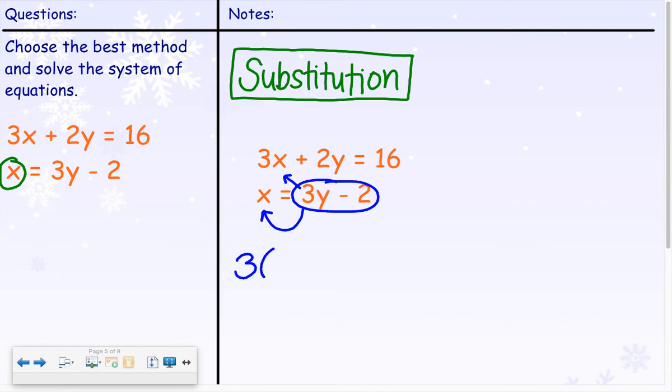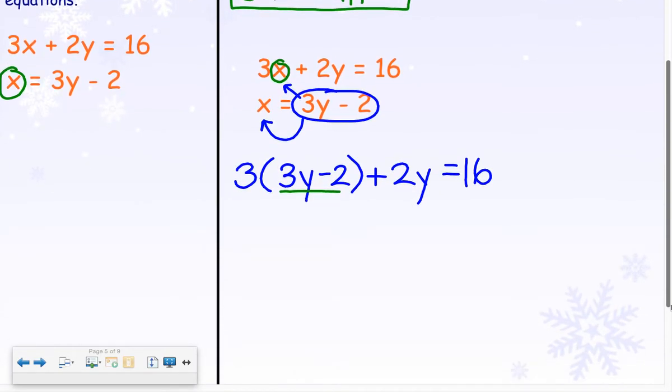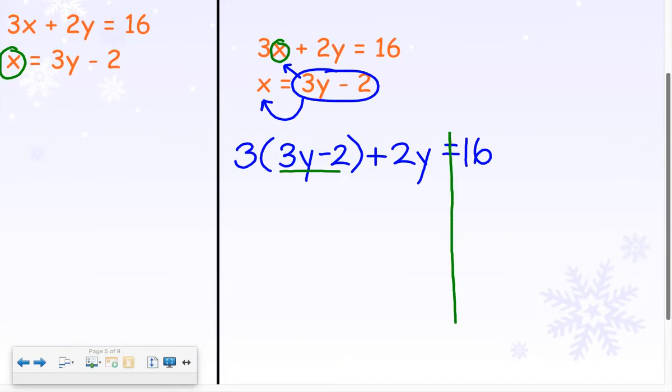Since it's x equals, you're going to plug that in for x. So 3 times 3y minus 2 plus 2y equals 16. So what I did is I put 3y minus 2 in for x. Train tracks, and then I'm going to solve, so I'll start by distributing. I know I did that first step right because I only have one variable. So remember that part.